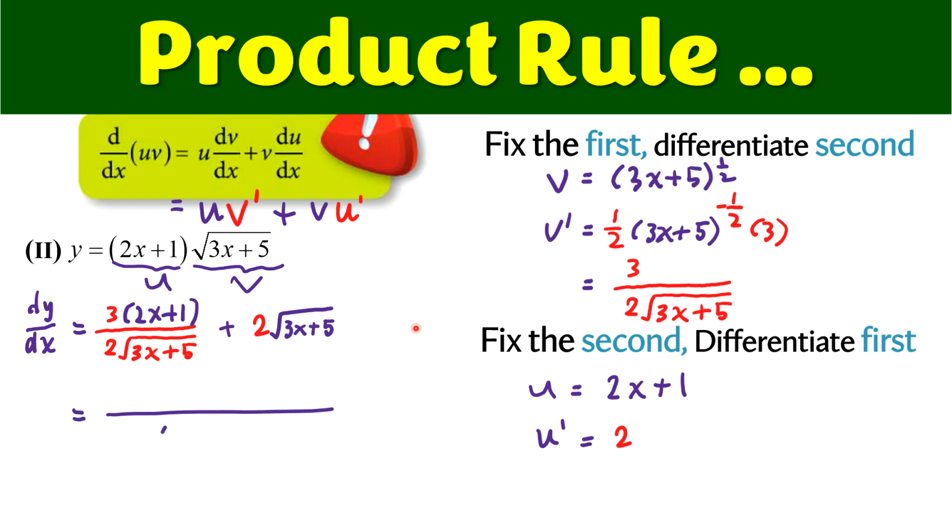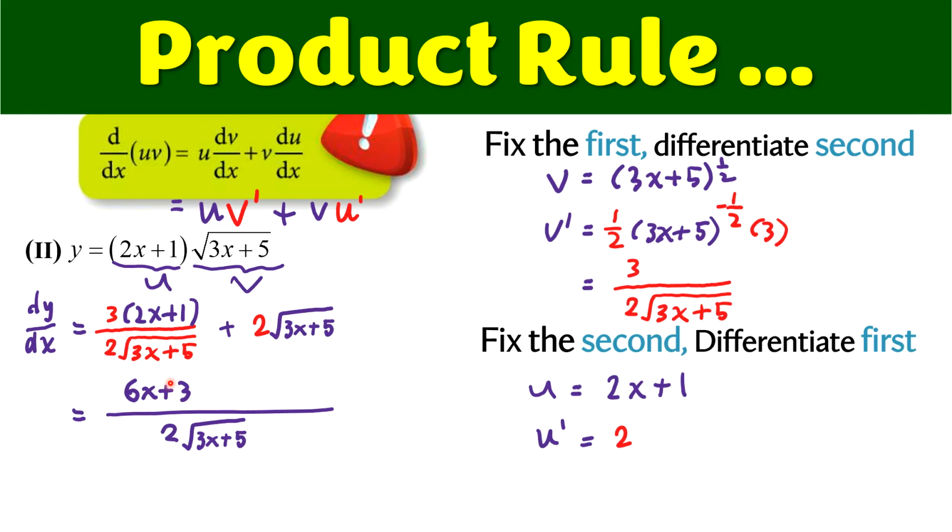To do this as a single fraction, what is the common denominator? It is simply 2 times square root of 3x plus 5. So for the first term over here, I simply just get 6x plus 3. And for the second one, do take note, if I'm going to combine this with the denominator, this will give me 2 times 2, therefore a 4.